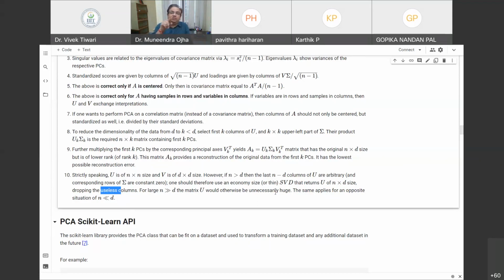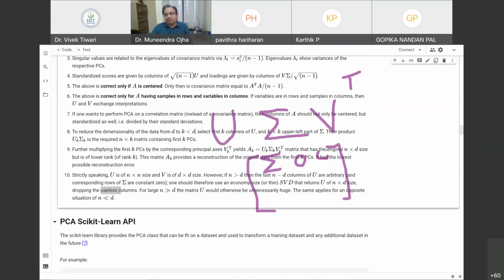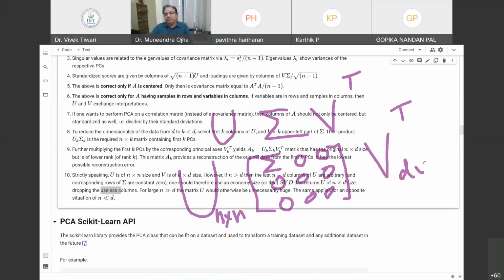So you understand, when we were doing U sigma V transpose previously, we were actually putting a lot of zeros in sigma. We had U, sigma and V transpose in the SVD, and when we were creating sigma, we had to add a lot of rows of zeros such that, with the U matrix being n by n and the V transpose matrix being d by d, the dimensions match and sigma becomes n by d.